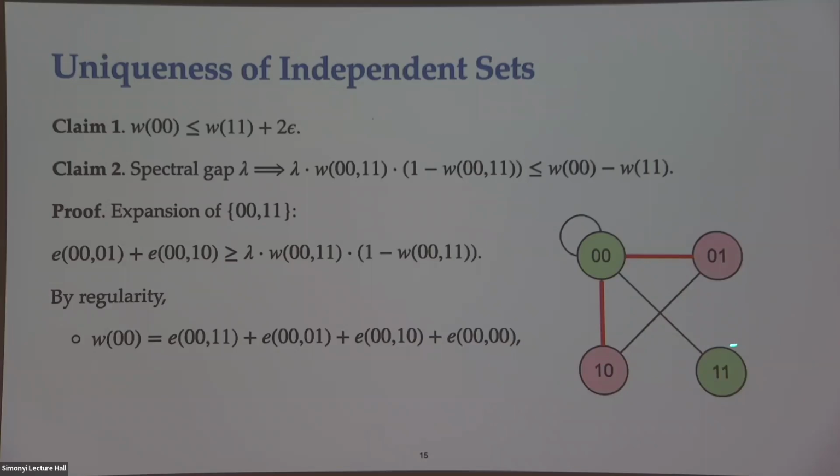But 1,1 only has one incident edge, which is between 0,0 and 1,1. So when you subtract this by this, you get an upper bound on the left-hand side of this inequality, whereas W(0,0) minus W(1,1) is the left-hand side here. This proves the second claim. Does this make sense to everyone?